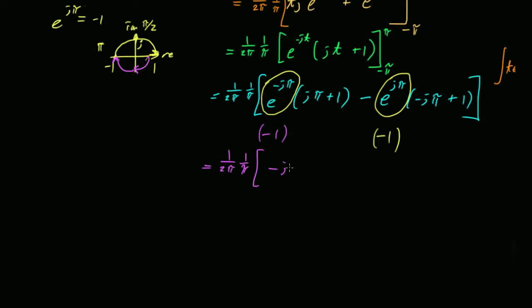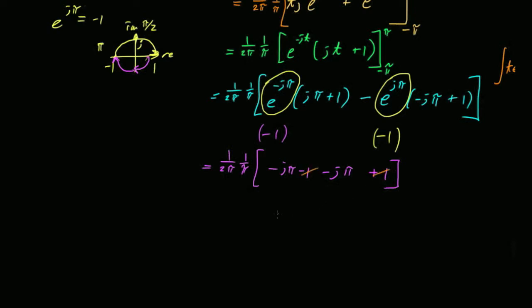Now we've got to be careful here. So negative 1 times negative 1 is plus 1. Plus 1 times negative j pi is negative j pi. And then plus 1 times plus 1 is plus 1. The 1's cancel.